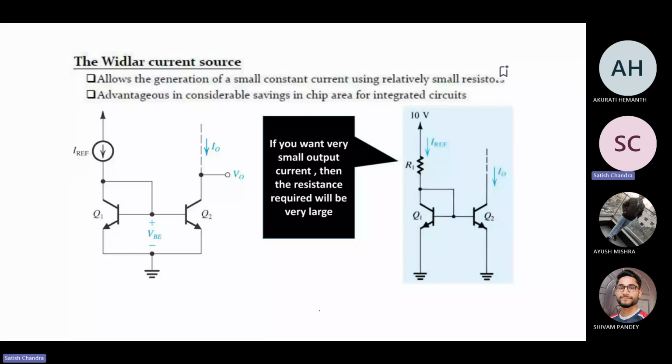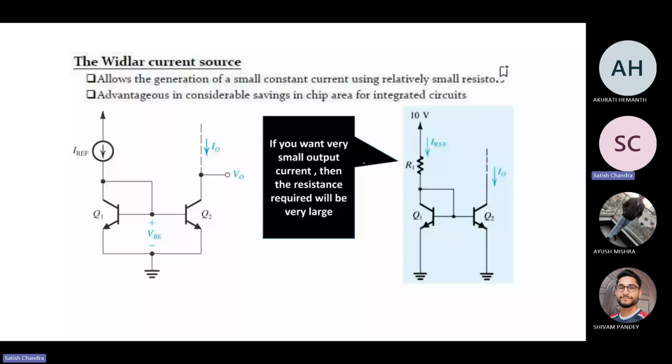It allows the generation of small current, usually relative to a small resistance, as I have told you already. For the simple current mirror, we require a very high resistance to attain a small value of current. Rather, in the case of Widlar, we don't require that.